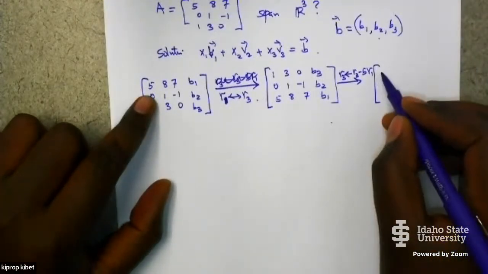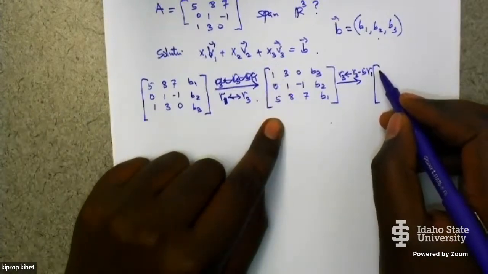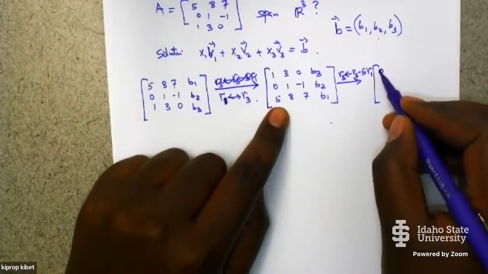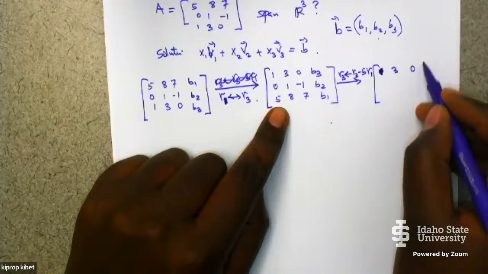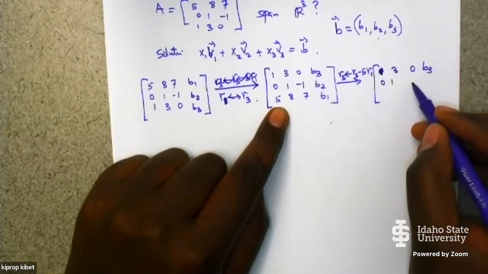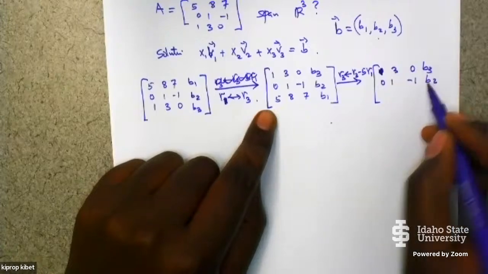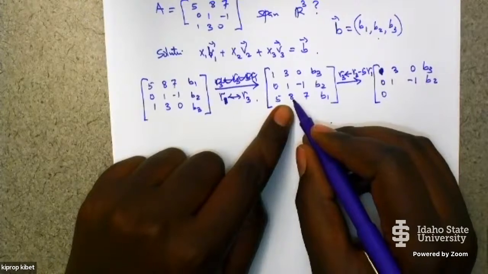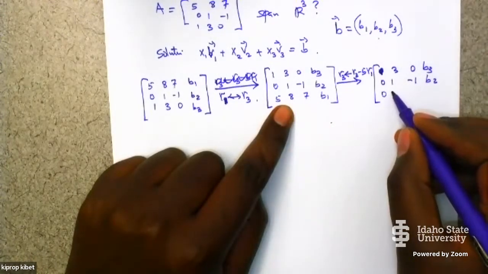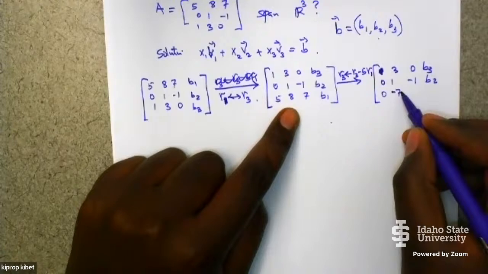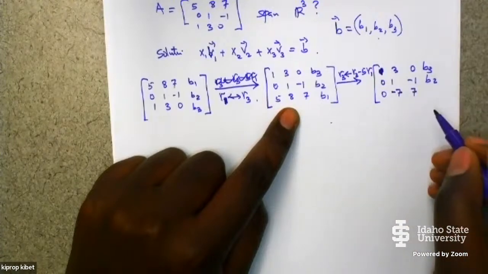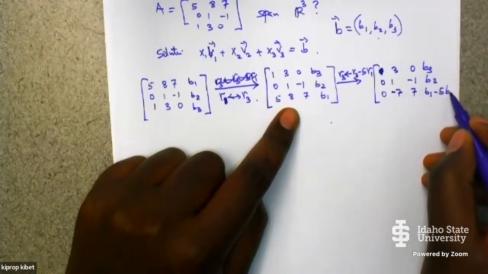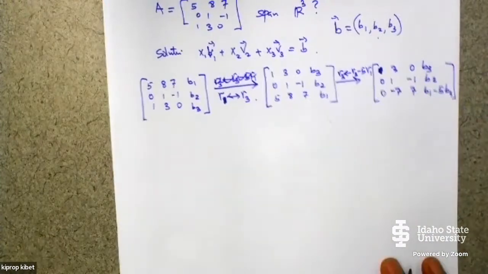We get 1, 3, 0, B3, 0, 1, -1, B2, and then 0, -7, 7, and then B1 minus 5 B3.